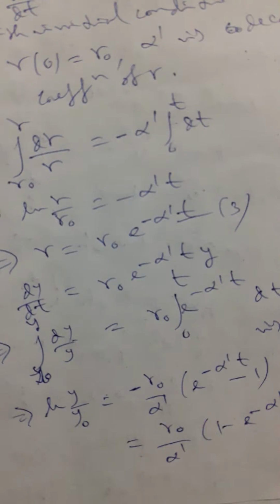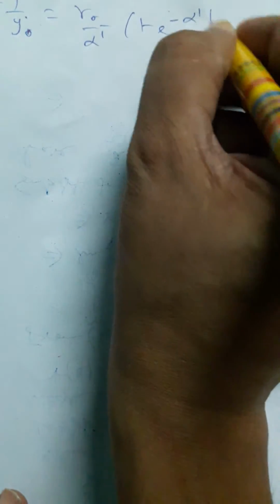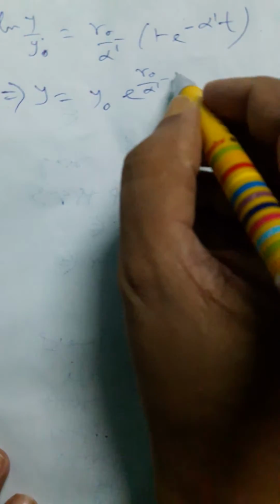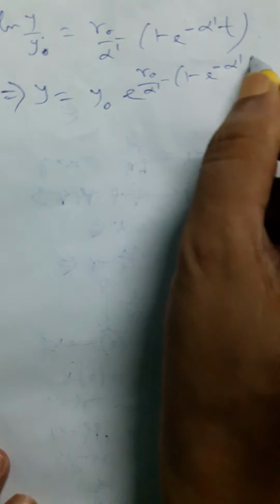So here we rewrite the equation once more: ln(y/y0) equals r0 by alpha dash times (1 minus e to the power minus alpha dash t), which implies y equals y0 into e to the power of r0 by alpha dash times (1 minus e to the power minus alpha dash t).